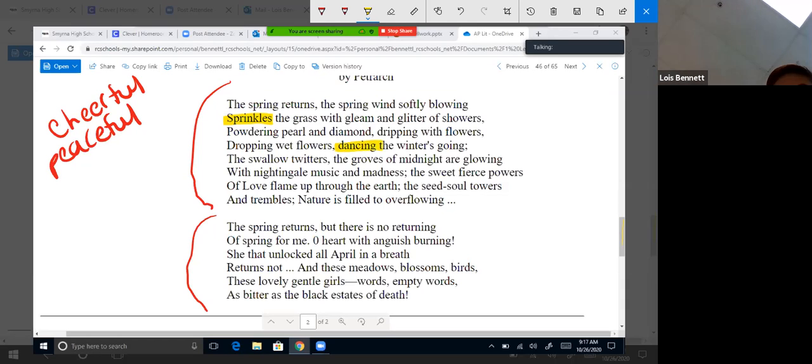Dancing. What else? The gleam and glitter. Glowing. We have music and madness. The sweet, fierce powers. All right, and what is going on? What is this about?